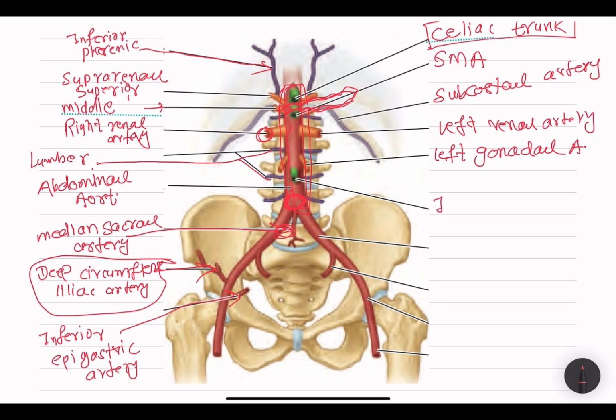This one is the inferior mesenteric artery. This is the left common iliac artery. So please remember this one, right and left. This is very important.